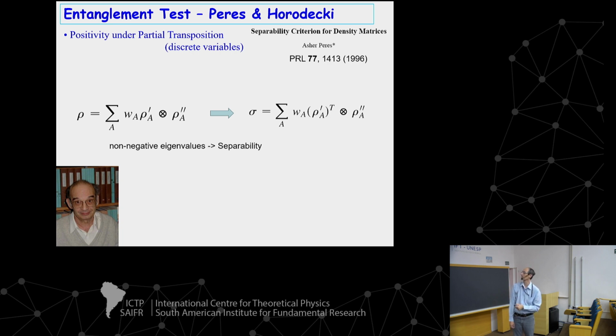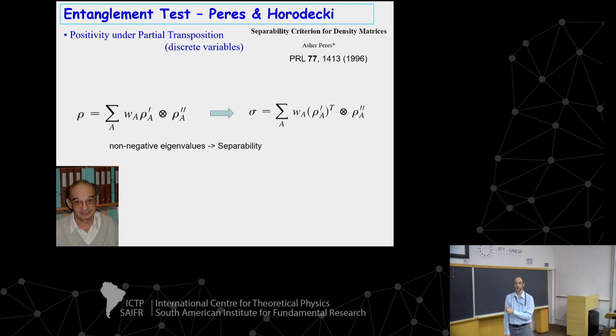You can just make this operation by exchanging terms, and then you check for the positivity of this outcome. If the outcome is non-positive, then this matrix is non-physical. Therefore, you cannot write this matrix like this. Therefore, it's inseparable or entangled.